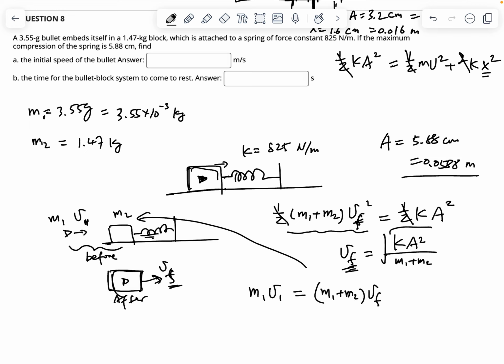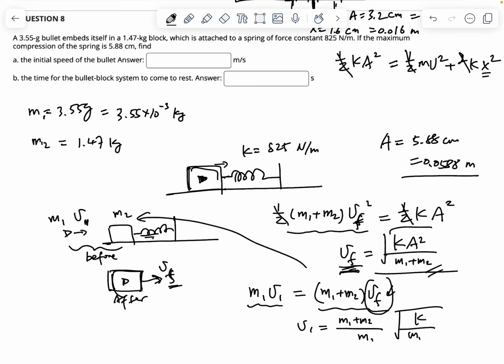That's momentum before collision equals momentum after collision. Because we get VF from the energy equation, we can plug it in to figure out V1. V1 equals (m1 plus m2) divided by m1, times VF, which is the square root of K (m1 plus m2) times A squared, and you can take A out. So this is the initial velocity of the bullet.